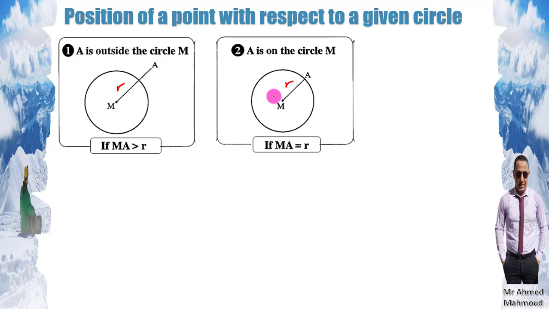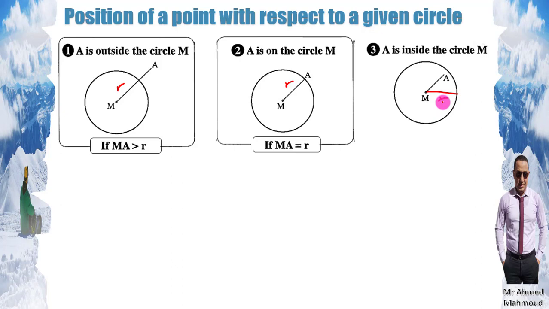The third relation: if A is inside the circle, A belongs to the surface of the circle. A here is inside the circle, and MA is smaller than the radius. Let this part be the radius, so MA is smaller than r. As we see, A is inside the circle, so MA is smaller than r.